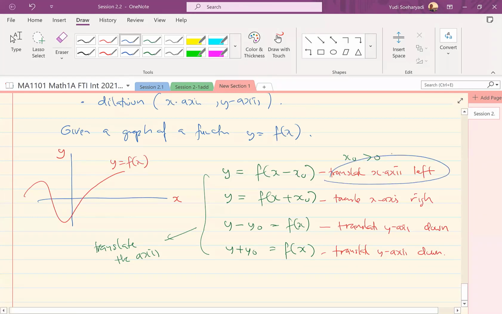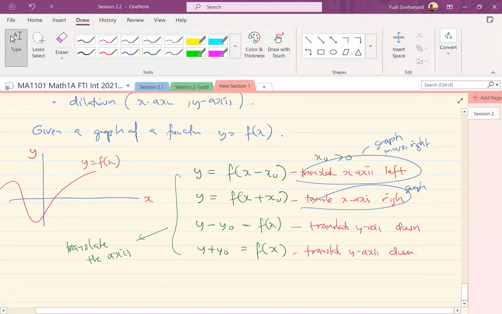This means the graph moves up. Sorry, not up. Right. This one, the graph moves left.